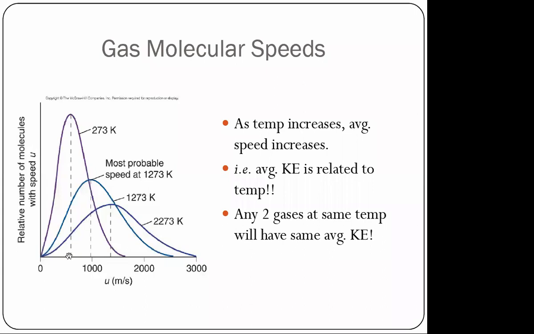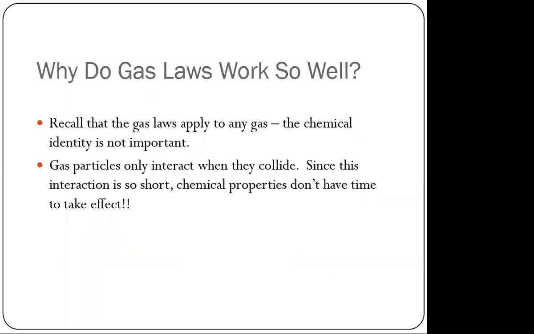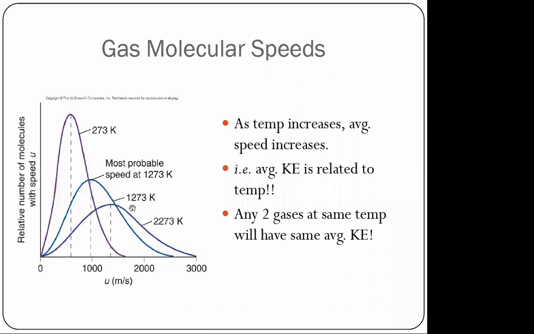You have a lower average kinetic energy at 273. You have an increase in the average kinetic energy at 1273. Then you have another increase in the average kinetic energy at 2273.